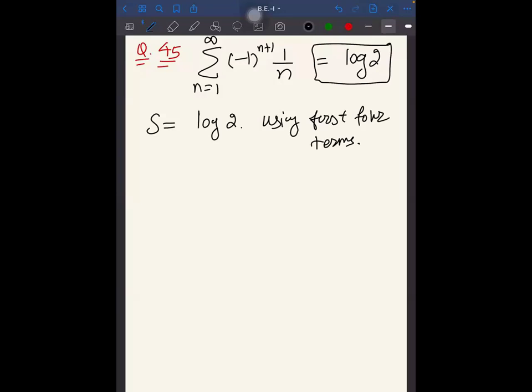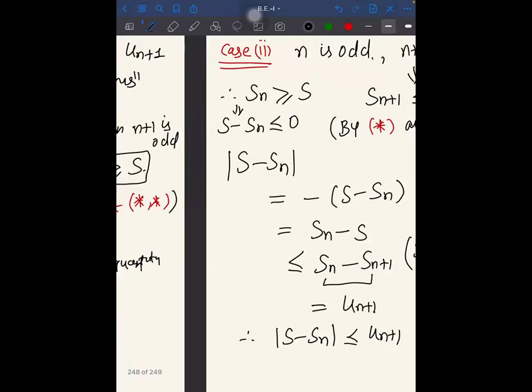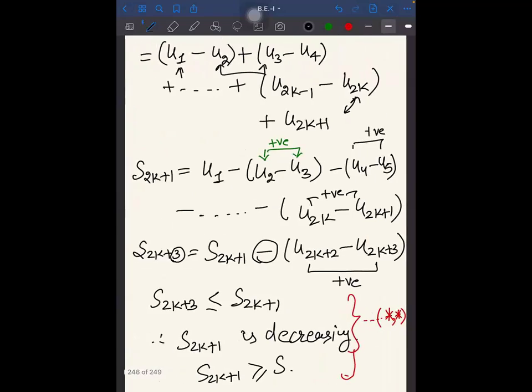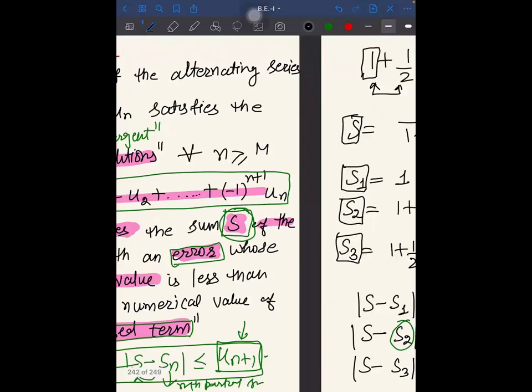Can you tell me the maximum value of the error? Find the maximum value of error. What will it be? Tell me. Tell me from the theorem, what will it be? Maximum value of error. Can anybody tell me?